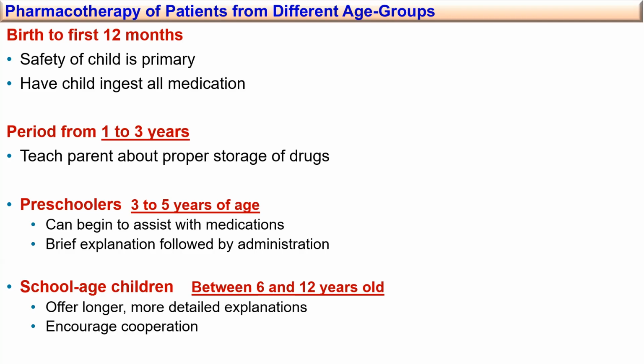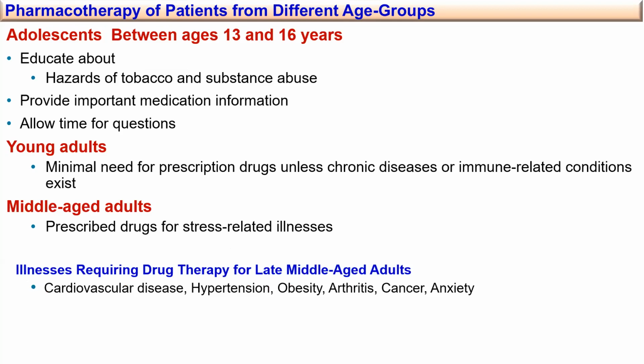Most children are healthy in this period, and you may have to offer choices when appropriate, pertaining to the drug administration, timing, and frequency. 13 to 16 years old, adolescent period, so they need support, approval and presence.